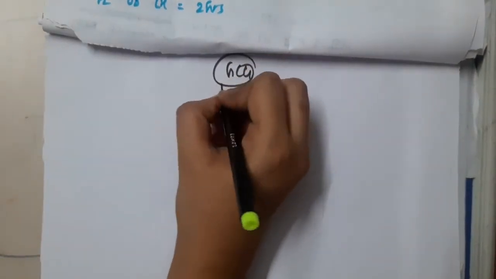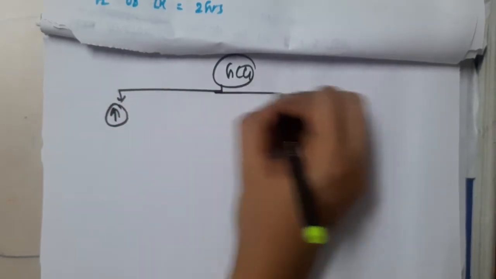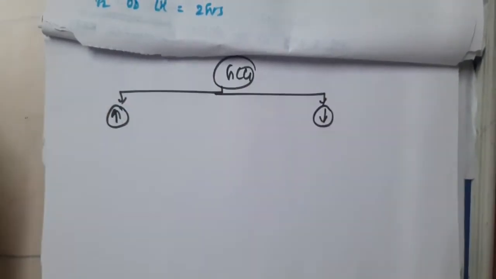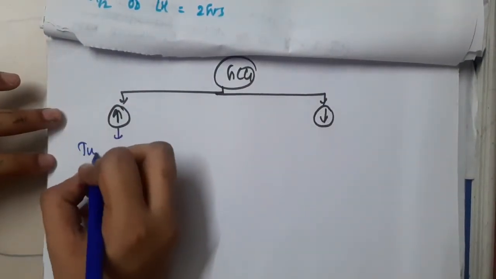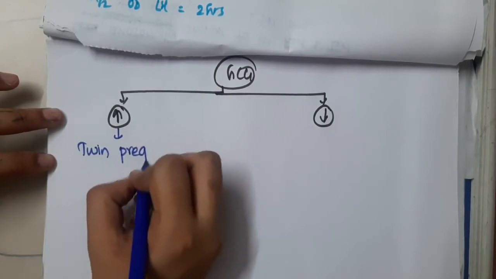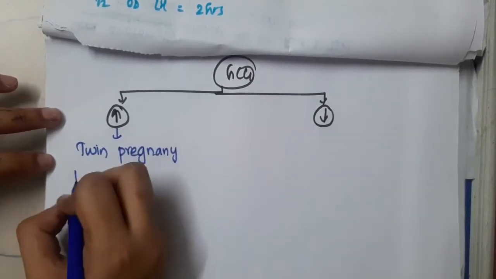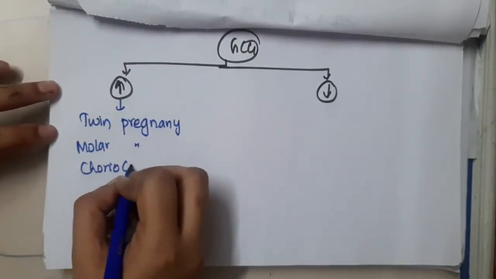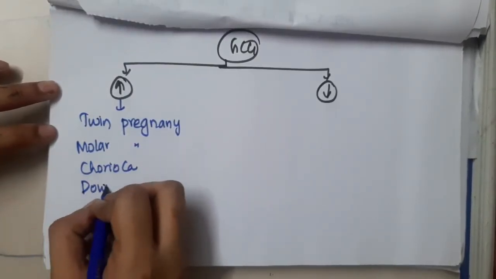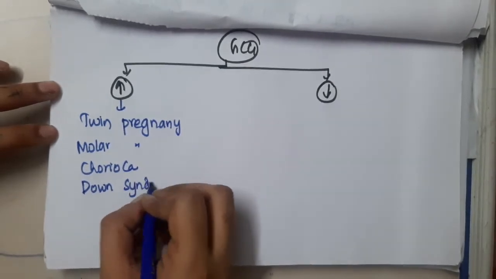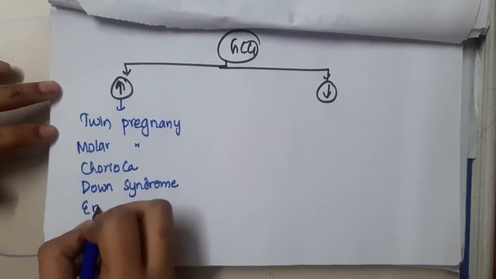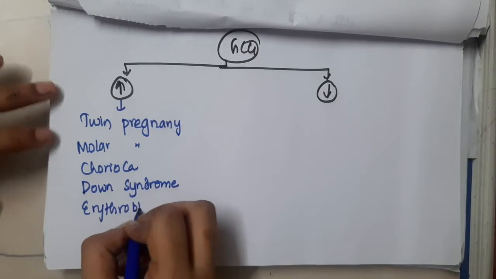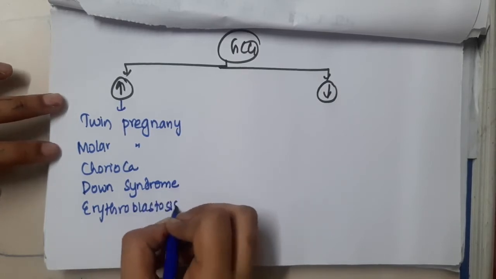Now, where is HCG increased and where is it decreased? Increase in HCG is seen in twin pregnancy, molar pregnancy, choriocarcinoma, Down syndrome, and erythroblastosis fetalis.